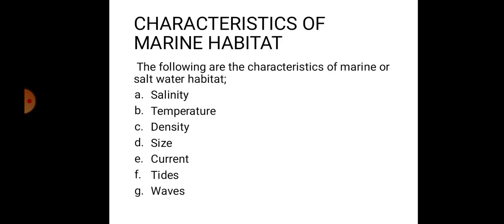Now let us look at the characteristics of marine habitats. The following are the characteristics of marine or saltwater habitats. A. Salinity. Salinity is defined as the degree of saltiness or concentration of salt solution in oceans.